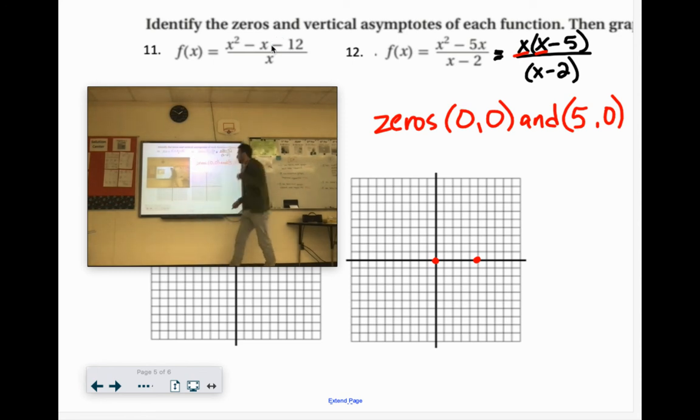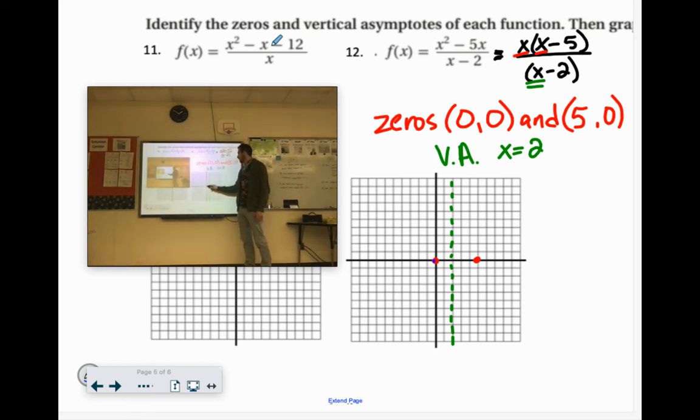The vertical asymptote comes from this x minus 2. So we're going to have a vertical asymptote at x equals 2. All our x's are positive, so again, as we go from left to right, it's going to increase.